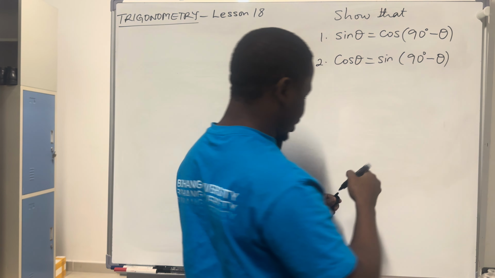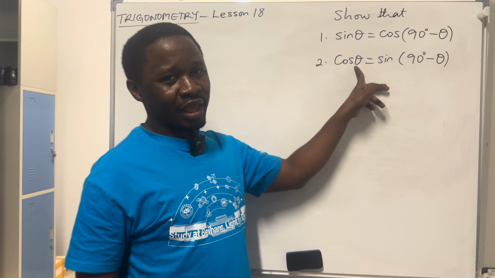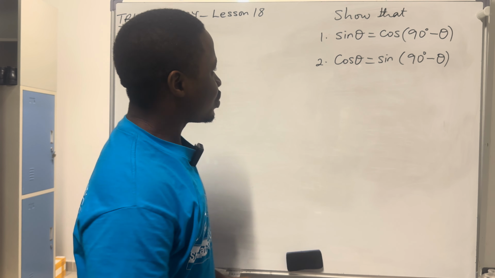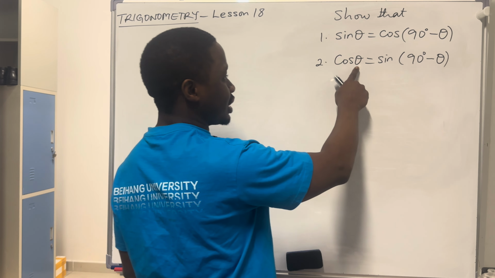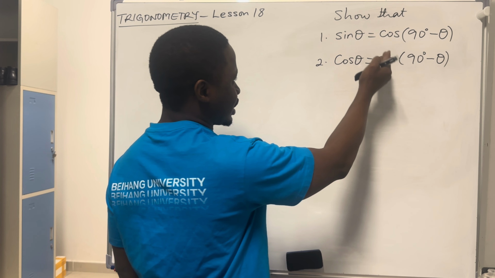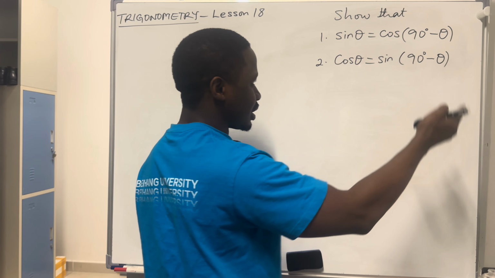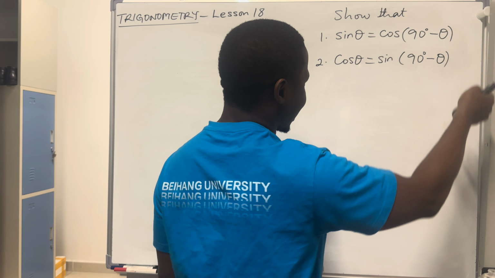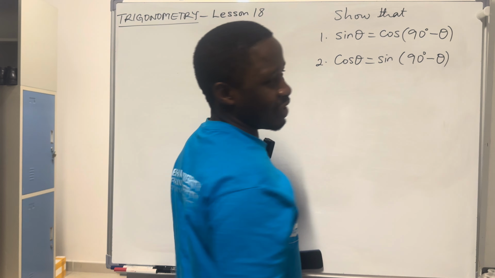Even if the angle is represented by alpha or beta, any of the two. So cos 60 degrees is sine of 90 minus 60, which is sine 30, and sine 30 is cos of 90 minus 30.